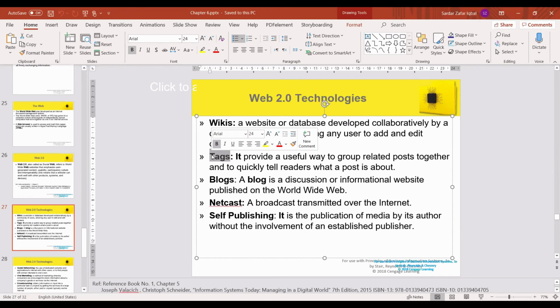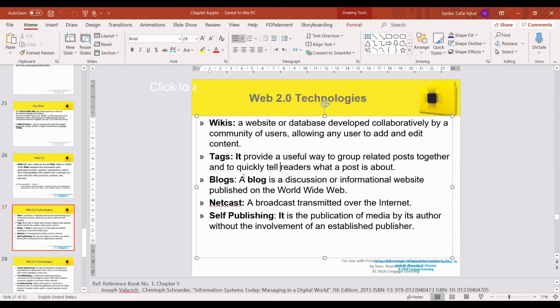We must provide keywords like information, database, network. These are all related with the information system. So I will add these keywords in my website. So whenever any person searches through Google, these tags will help to find the related post or related website.